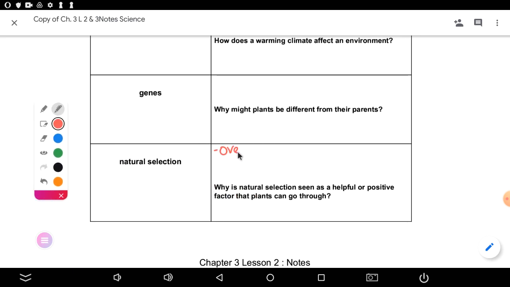Over time, long time, generations. We'll just put over time, but it's a long period of time. The process of mutations becoming adaptations.